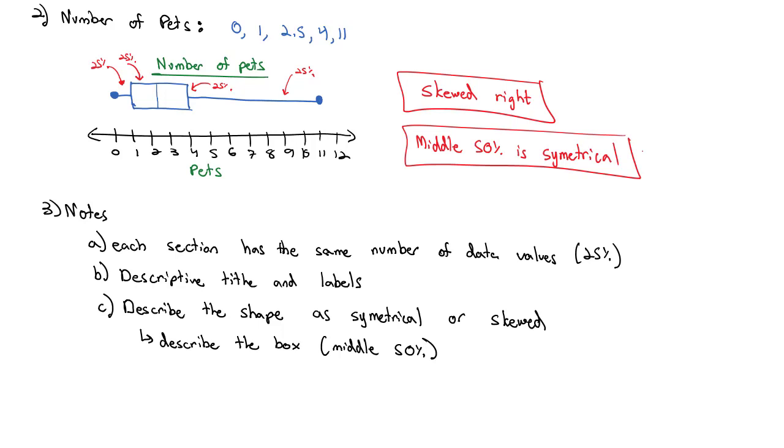And that kind of ignores those values that are way out there, extreme values with 11 pets, and looks that most people are kind of symmetrical right around that median value. That middle 50% is symmetrical.